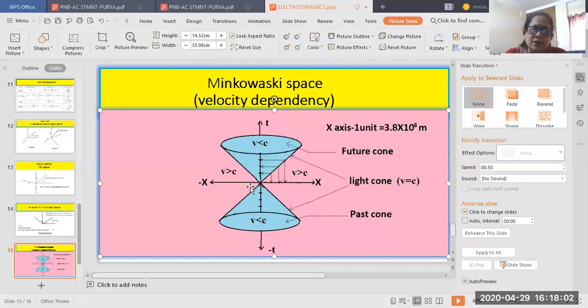Similarly, in the back direction also you can form a bigger vertex. So the cones formed for particles with velocity greater than c never coincide with the cone formed by particles with velocity less than c. This is the significance of Minkowski space and representation of the vector.